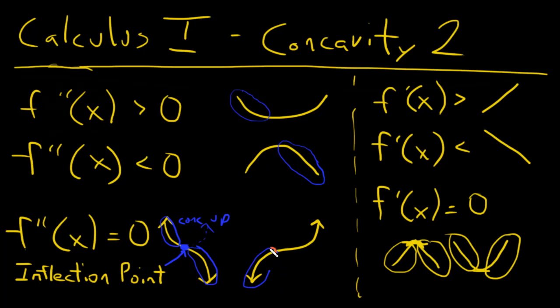This piece corresponds to having concave down, and then this piece right here corresponds to concave up. Something like that, right? And right here, in the middle, where we transition from one to the other, that is an inflection point.